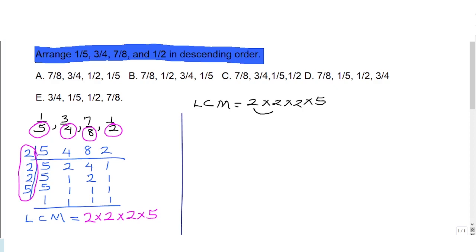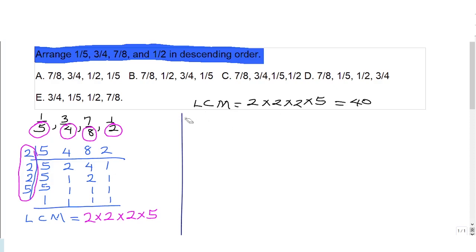So 2 times 2 is 4, 4 times 2 is 8, 8 times 5 will be 40. That is how we get the 40 that some of my subscribers are asking about in the comment section. How did you get 40?